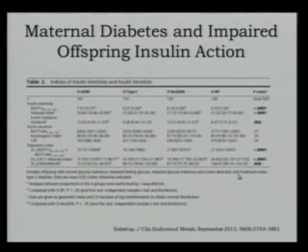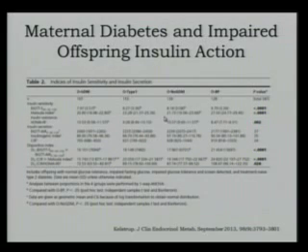So if you look at insulin sensitivity and insulin action, we know that if you're born to a mother with obesity or diabetes, you're at a higher risk of, one, large for gestational age at birth, but also a higher risk of obesity and diabetes and metabolic disease later on in life. What are the underlying mechanisms?